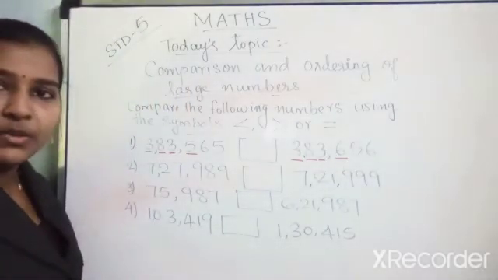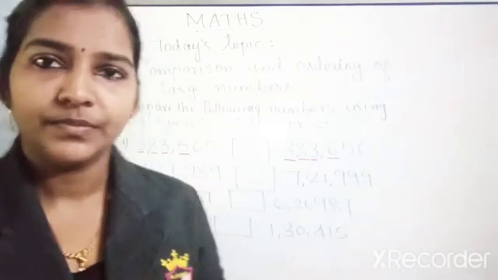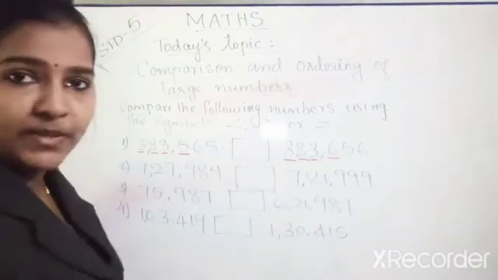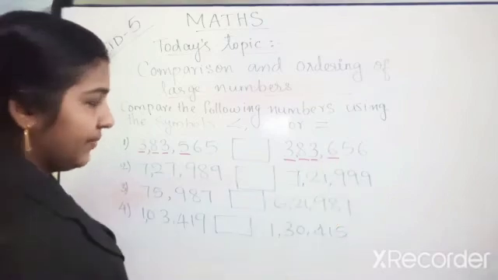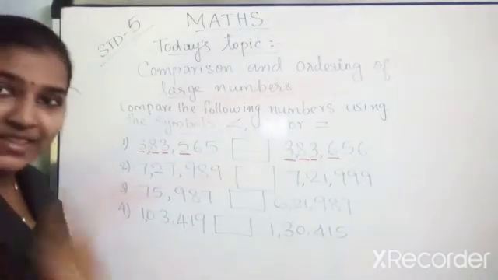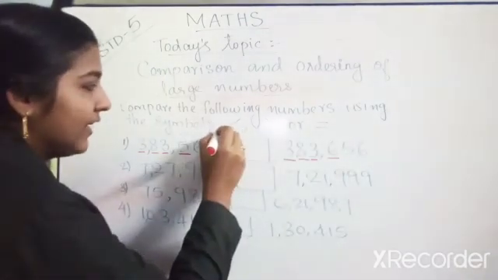Okay. So, what to do? Compare the digits in the hundreds place. Right? Here it is 5 and it is 6. Now tell me children, which is greater, 5 or 6? Yes, 6 is greater than 5. That means here this is 5 and this is 6.